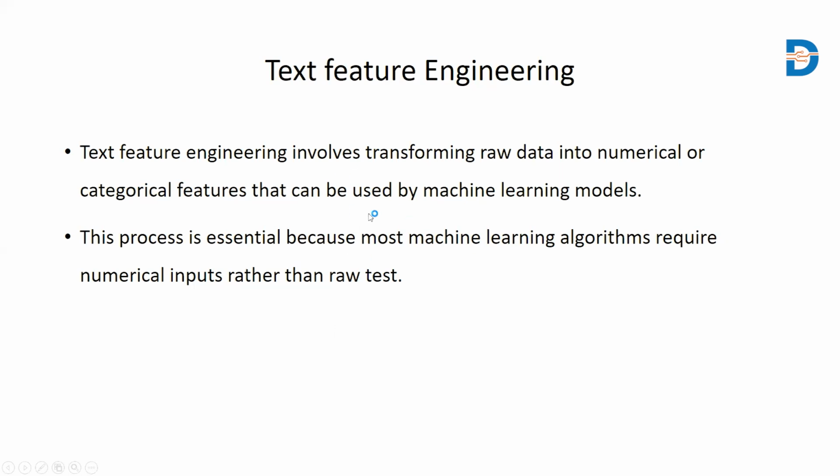If you have text information, it is very difficult for machines to understand, so we take the help of text feature engineering. We convert our text information into numerical inputs, and once we do, machines can understand it easily. This is what text feature engineering means.